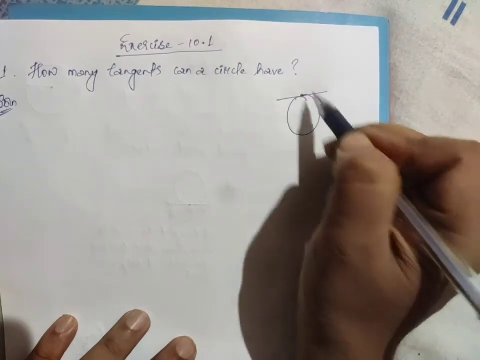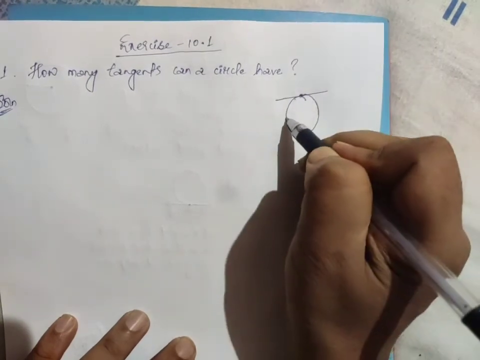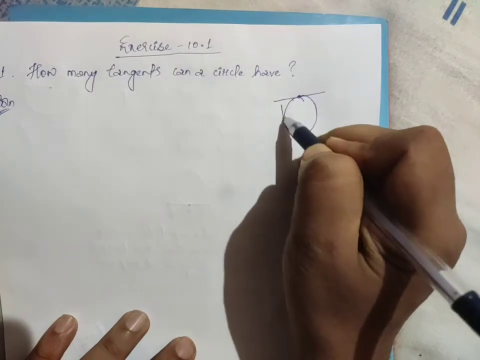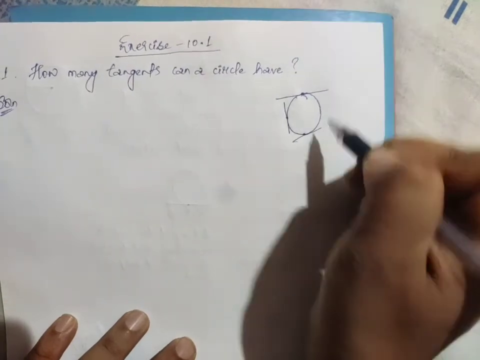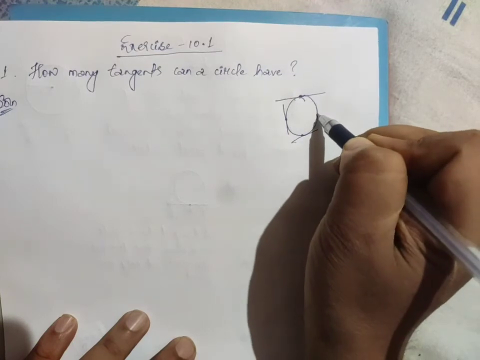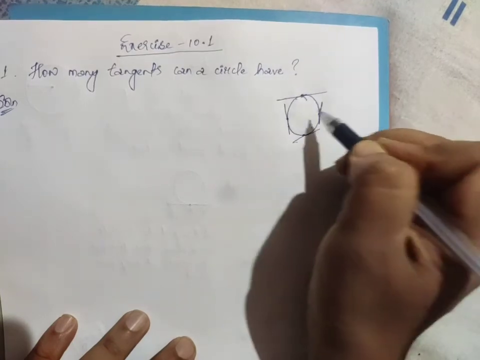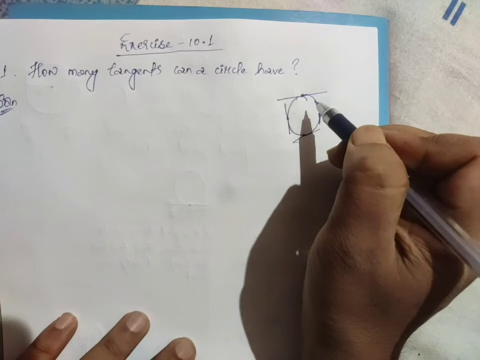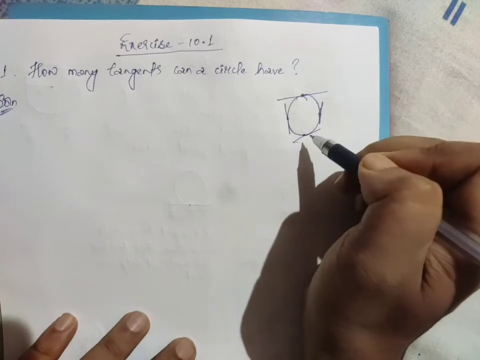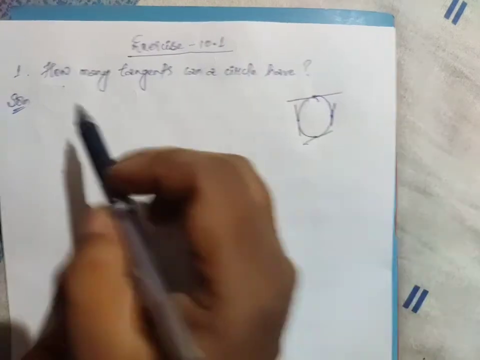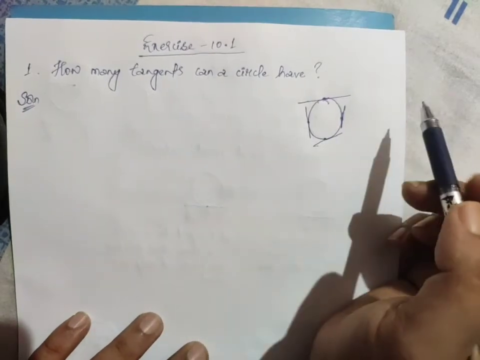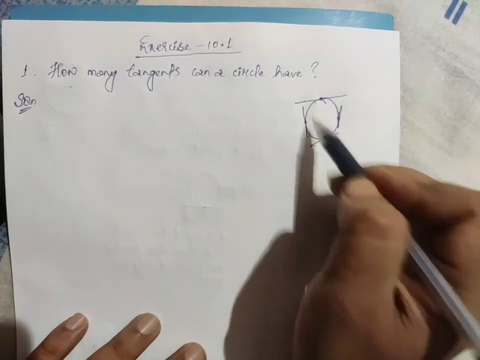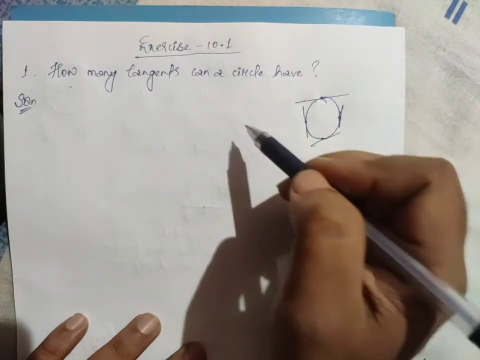In a circle you have so many points. Suppose you have a point here, so you can draw one tangent here. Say you have a point here, so we'll draw a tangent here. Say you have a point here, so we can draw a tangent here. Like this we can draw an infinite number of tangents. This is a small circle, you can consider a bigger one also.